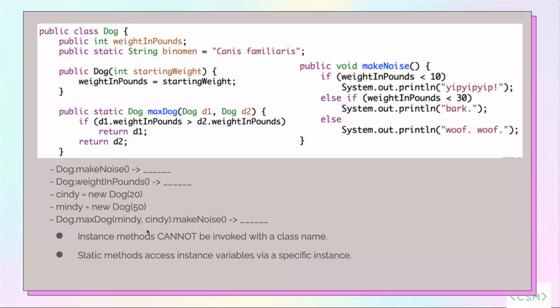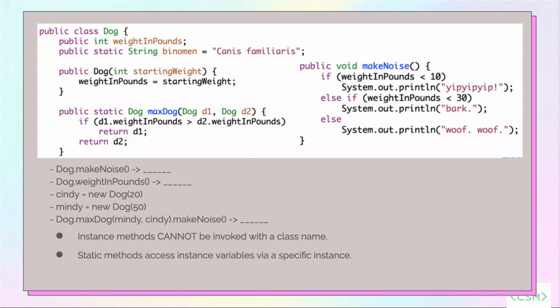Okay, we actually did dog.makeNoise in the previous slide, so I'll just skip over that. But for dog.weightInPounds, again, weightInPounds is an instance variable. So the dog class cannot access that, so that line's going to error. And then we instantiate 2 dogs, Cindy and Mindy, where Cindy has a weight of 20 and Mindy has a weight of 50.